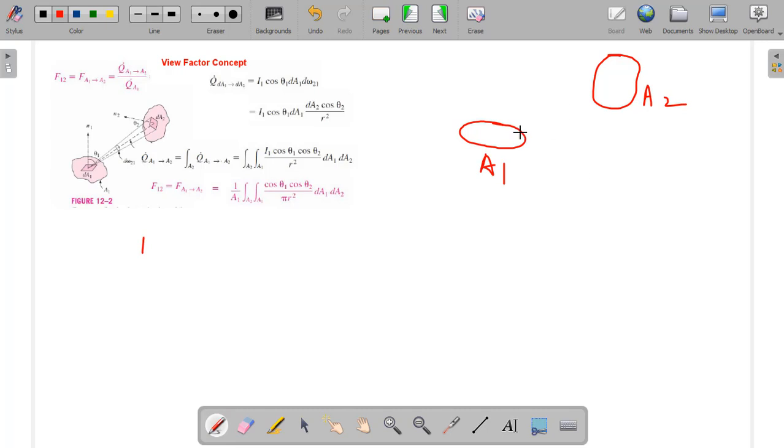So the advantage of using a black surface is that it is only the emission that comes out from the surface. When this emission strikes the other surface, it will be completely absorbed, because the A2 surface is also a black surface, so everything will be absorbed there.